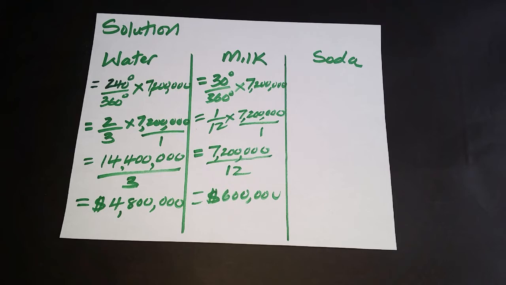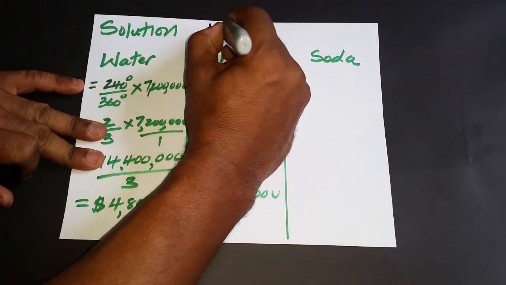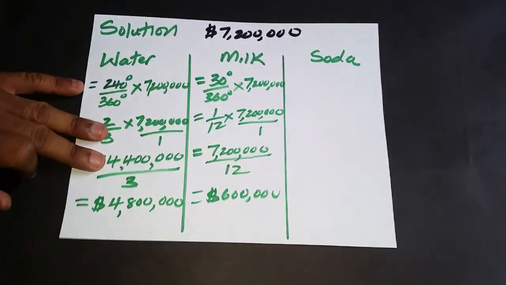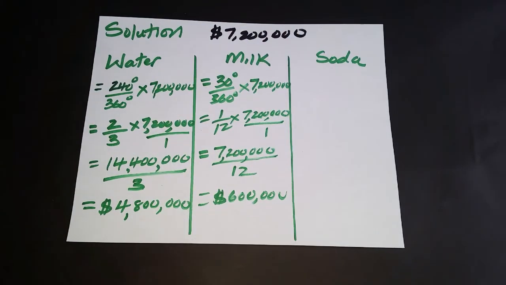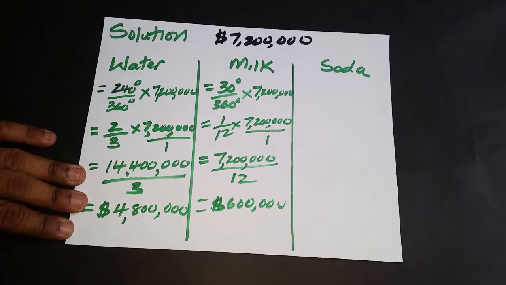Now remember that the total amount was 7.2 million. The total amount is 7,200,000. So of course we can simply add these two. 4.8 million plus 600,000 will give you 5.4 million, or 5,400,000.